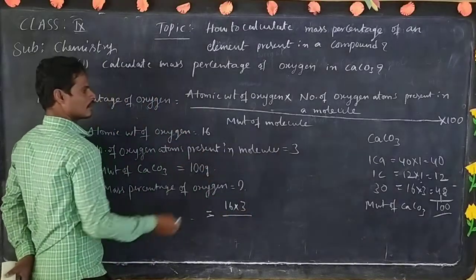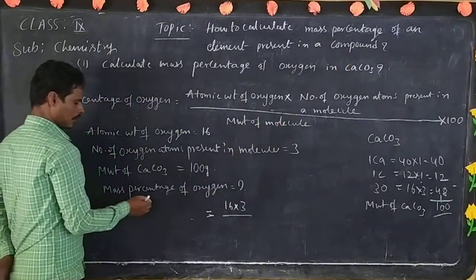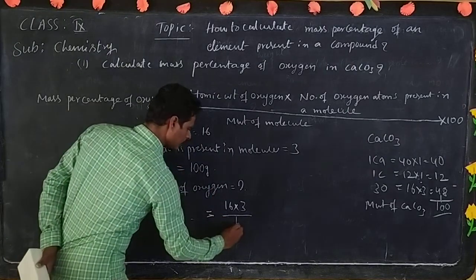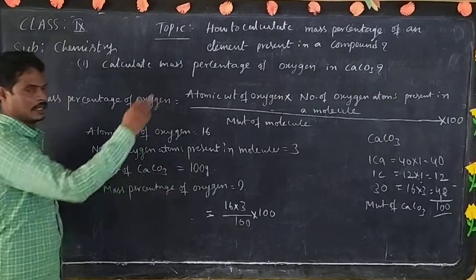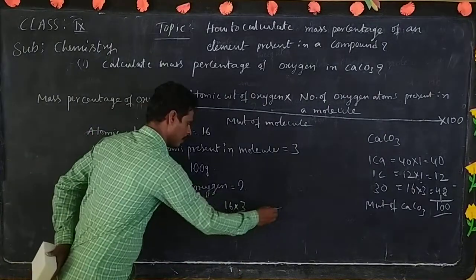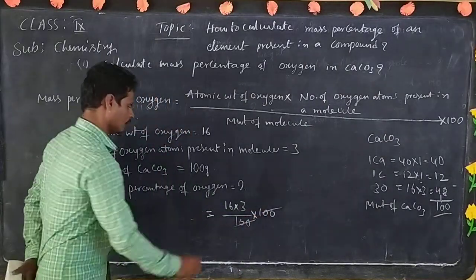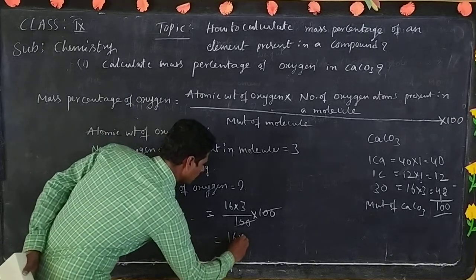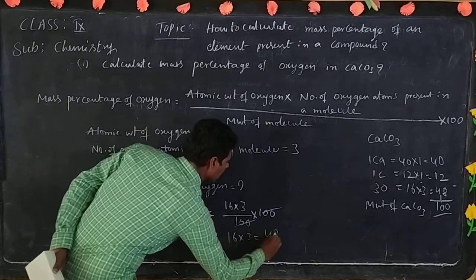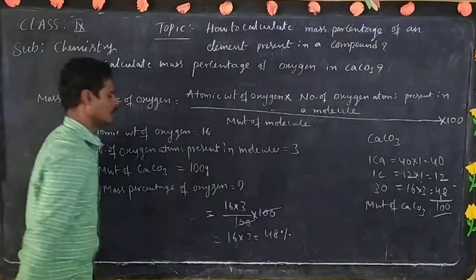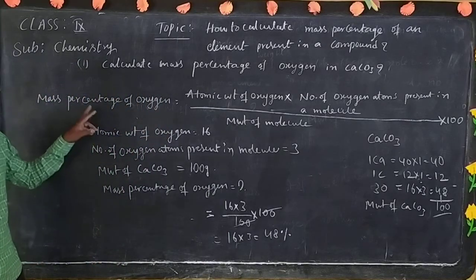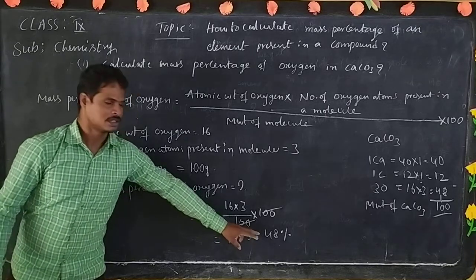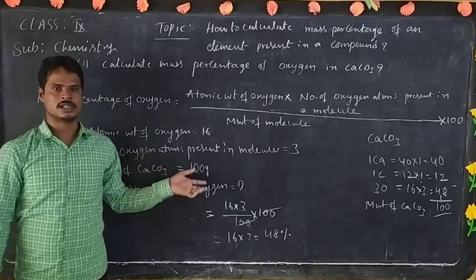By molecular weight of calcium carbonate, how much? 100. Into 100 percentage. So 100 by 100 cancels. Now 16 into 3, what is the value? 48 percentage. How much percentage of oxygen is present in calcium carbonate? 48 percentage of oxygen is present in calcium carbonate.